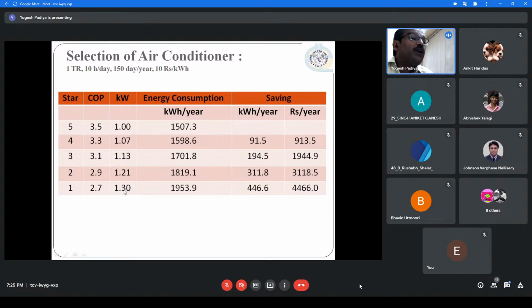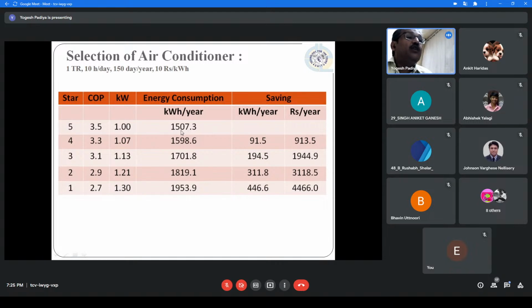Now, a 1.3 kilowatt AC running for 10 hours a day, 150 days in a year, will use this many units per year. So a 5-star AC will consume 1500 units, while a 1-star AC will consume 1900 units.